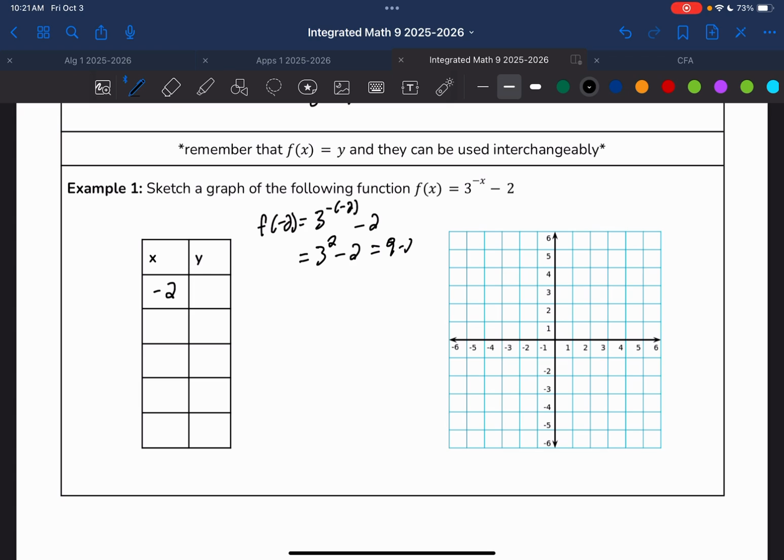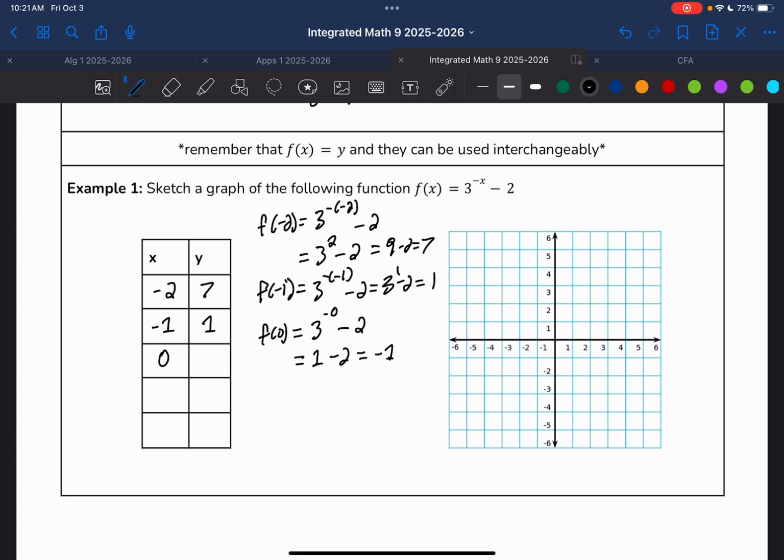Let me redo that: 3 to the negative first power minus 2 is 1/3 minus 2. And f of 0 is 3 to the 0th power minus 2. 3 to the 0th is 1, minus 2 is equal to -1.